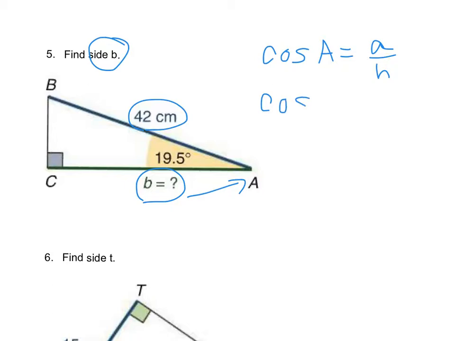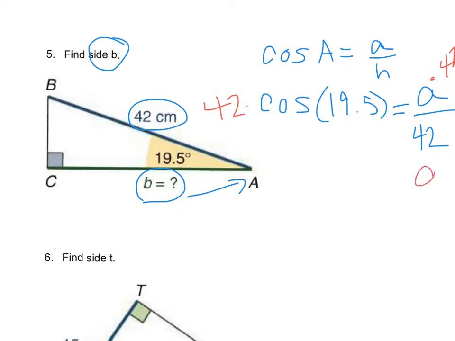And they gave us the angle in this problem as 19.5. They gave us the hypotenuse as 42, but the adjacent side is unknown. So to isolate the B, we just need to multiply both sides by 42 and type that into our calculator. So side B is equal to 42 times the cosine of 19.5, and we will get a side length of 39.6 approximately. Do make sure you're labeling that centimeters.